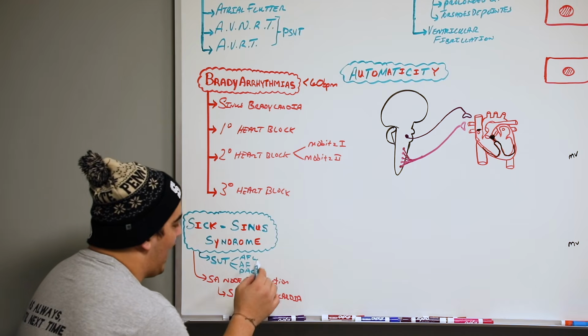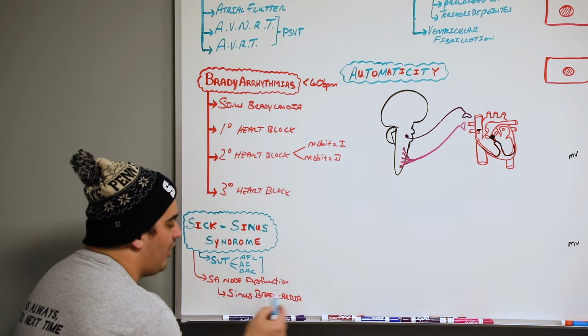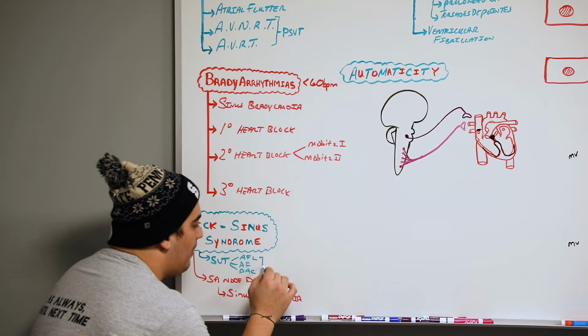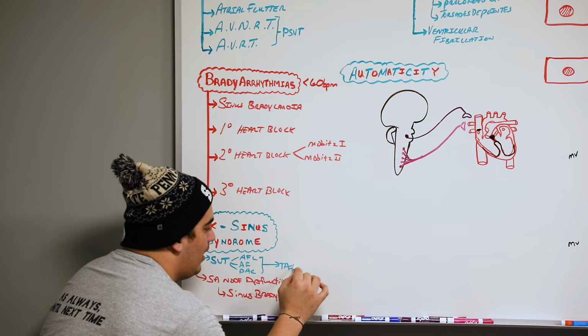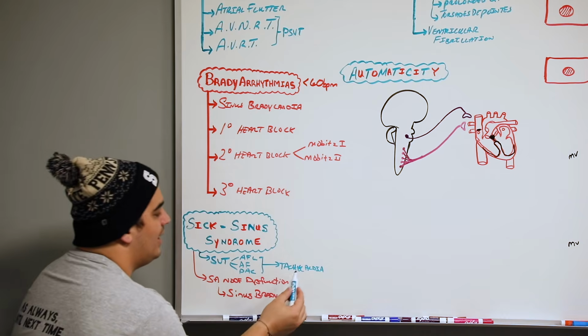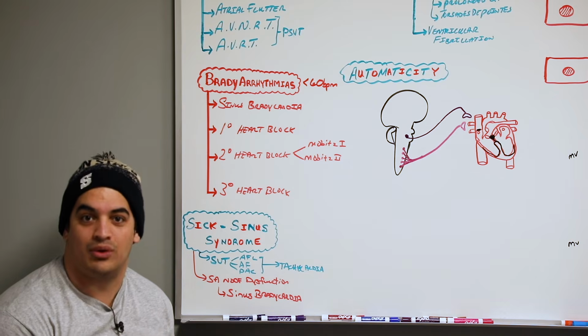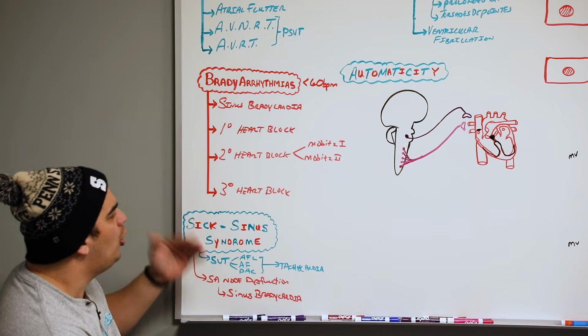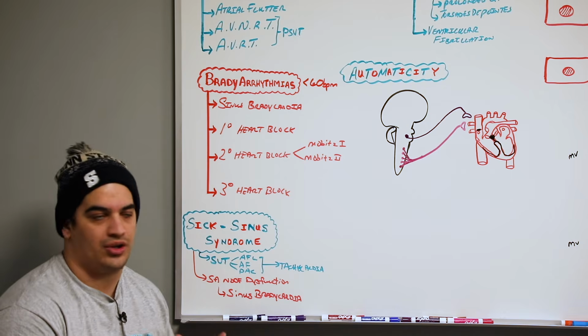Because of that, they'll have intermittent bouts of sinus bradycardia with compensatory concomitant SVT that produces a tachycardia. Sometimes they call this tachy-brady syndrome. It's like a subset of sick sinus syndrome. So it's an interesting one where you see an intermingled mix of the two.